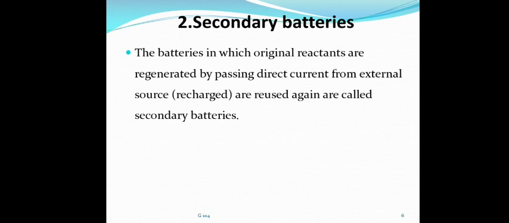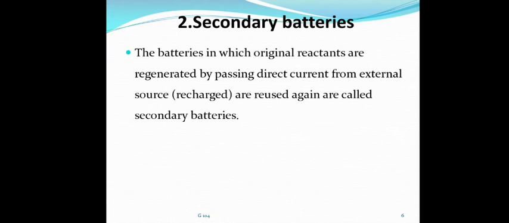But the advantage of secondary batteries is that we can pass direct current from an external source, let us take it from a plug point or any other direct source of electricity. If you pass electricity, what happens? The redox reactions reverse, that is, oxidation becomes reduction and reduction becomes oxidation. You will get the original reactants so that again the battery can be reused.